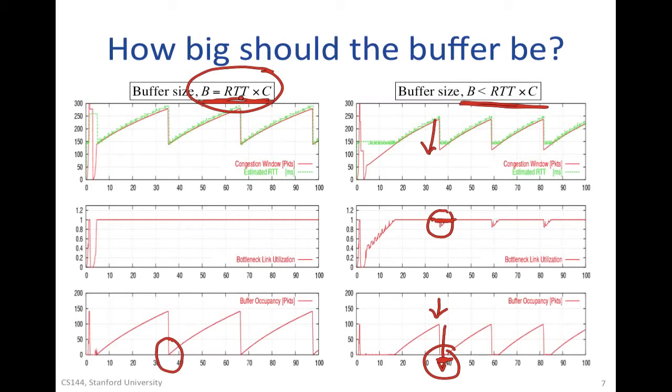But the basic intuition is that the size of the buffer, from the peak to the trough, must be the same as the distance from the peak to the trough here to be able to ride out the time when the window size is halved and we have fewer outstanding packets placed into the network. And that distance there turns out to be RTT times C. And we'll see that later in a problem set.